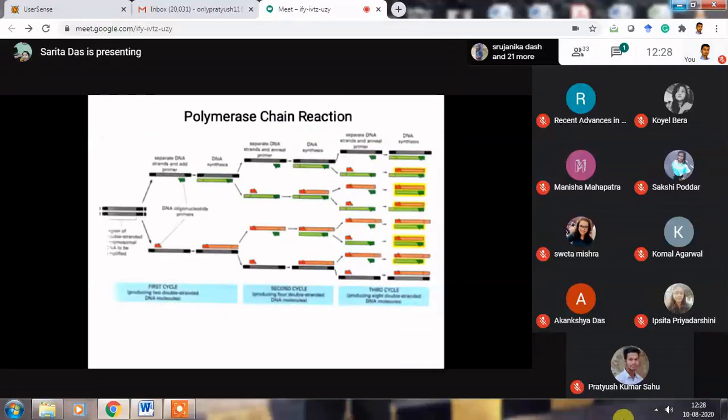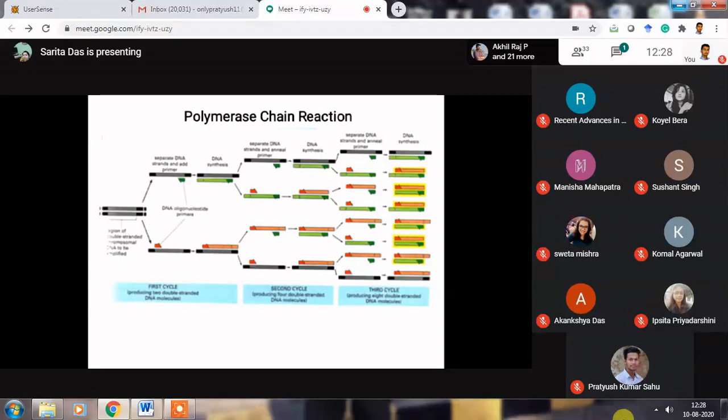This is possible by using certain molecular techniques. Whenever we want to get some recombinant protein, first of all we have to amplify that gene, because the gene will be present in only one or a few copies.